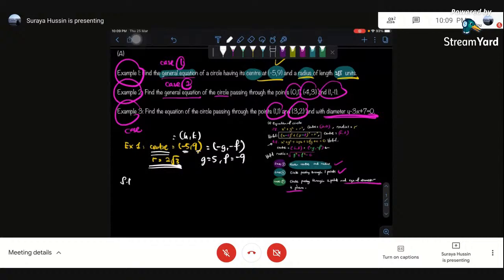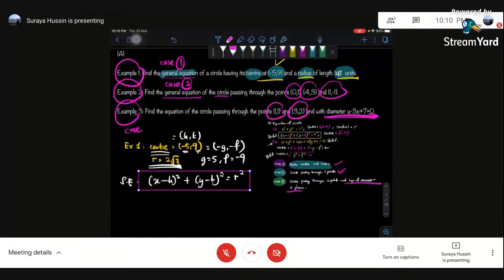Bila Miss kata kita juga boleh start dari SE, standard equation. Standard equation is saying that x minus h squared plus y minus k squared is equals to r squared. Ini adalah yang kita hafal, betul tak?